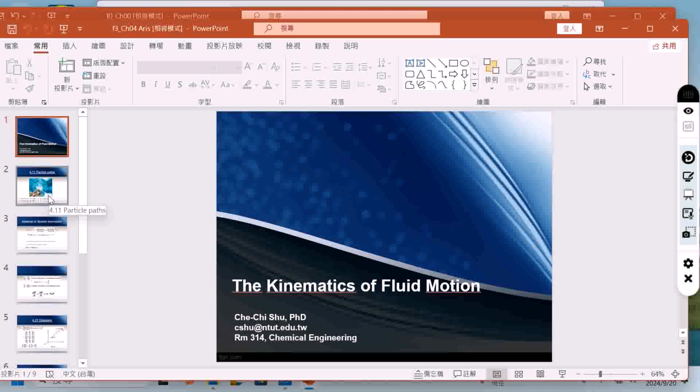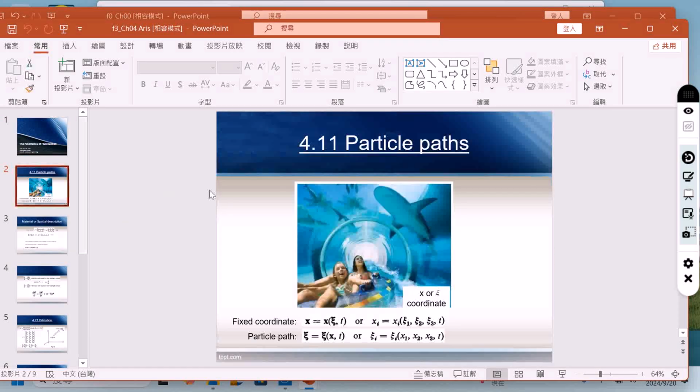Then the instructor usually told you this one tries to describe something along with the fluid, right? Going with the fluid. Hopefully you get the idea. The concept is this way. You actually have two coordinates.